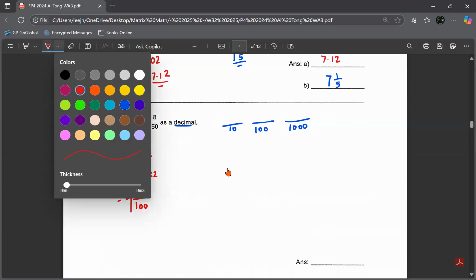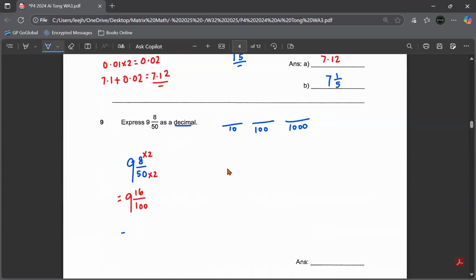Changing 9 wholes 16 over 100 into a decimal, 16 hundredths is actually 0.16, because 16 over 100 is 0.16. So 9 plus 0.16 is 9.16.